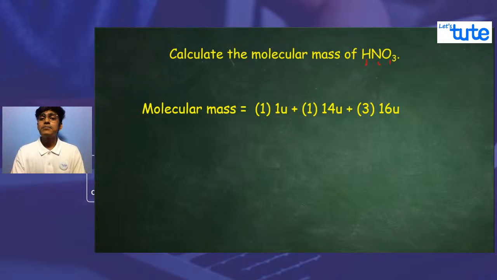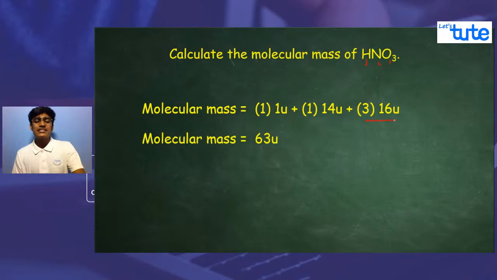Nitrogen also has one atom, so we multiply 1 by the atomic mass of nitrogen. In the third case, we have 3 atoms of oxygen, so we multiply the atomic mass of oxygen, which is 16, by 3. We calculate everything together and our answer comes to 63 U.